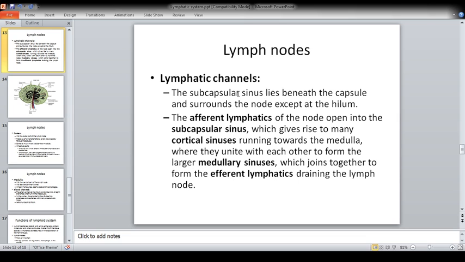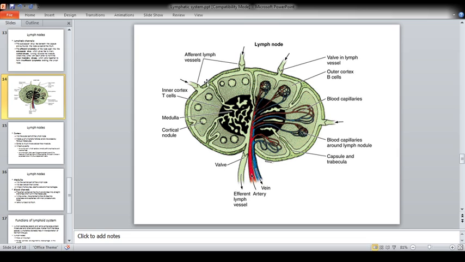So these cortical sinuses are smaller in size and they would combine together to form larger sinuses, medullary sinuses, which would then combine together to form an efferent lymph vessel.